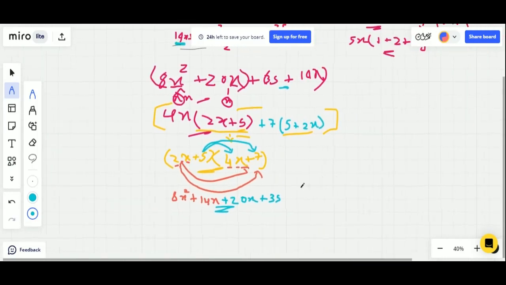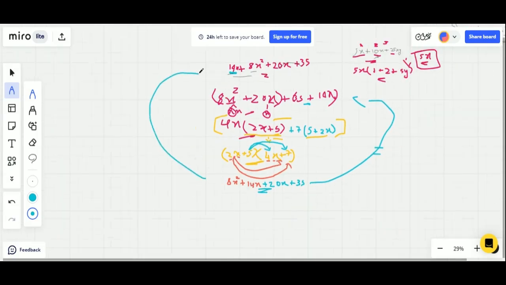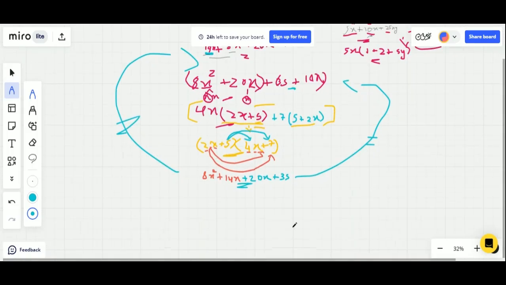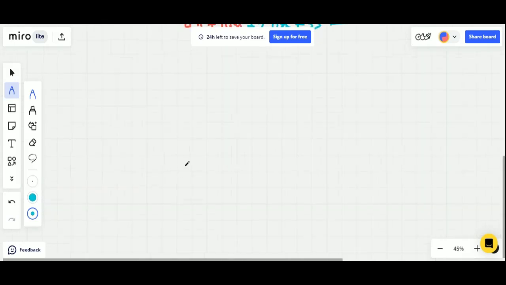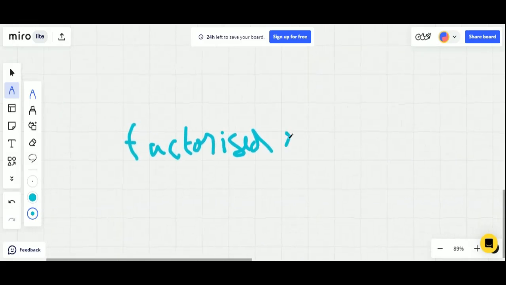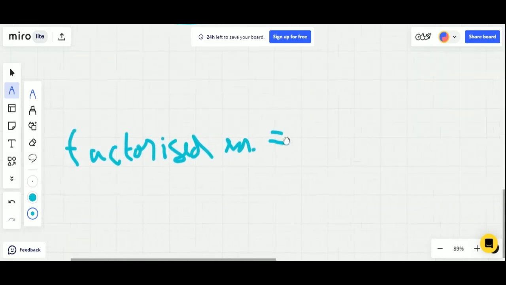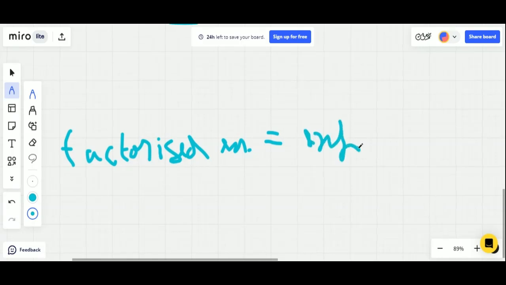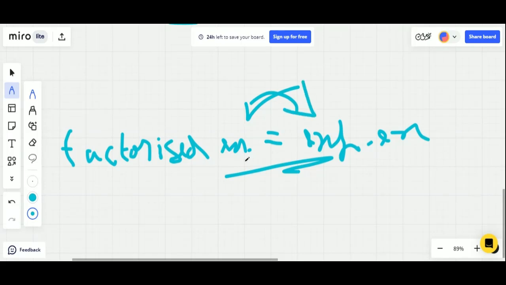See something in common? This is equal to this. So a factorized expression is equal to an expanded expression and vice versa.